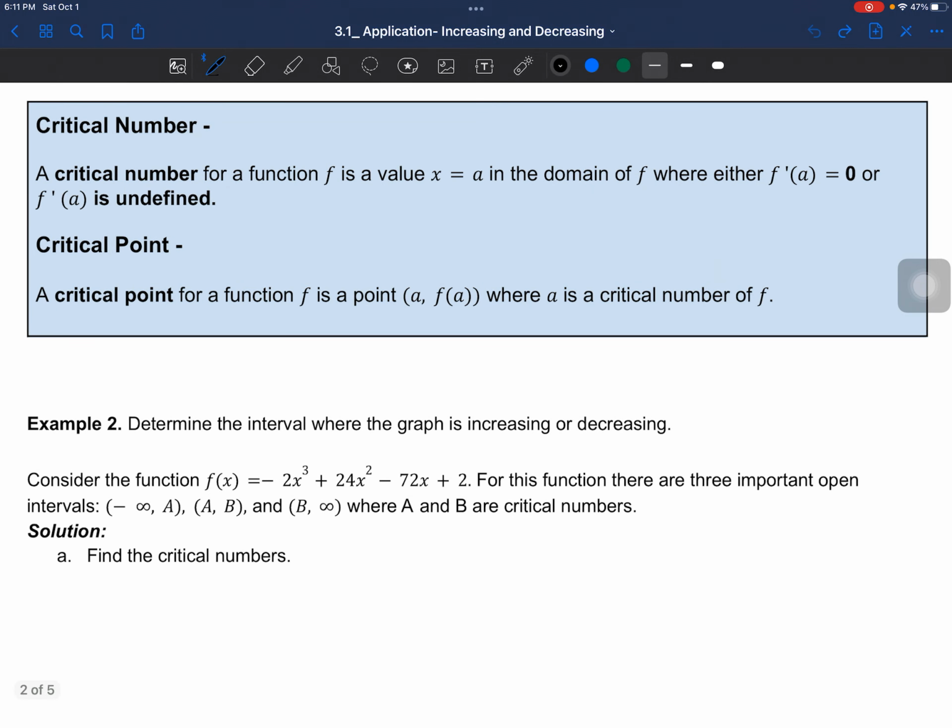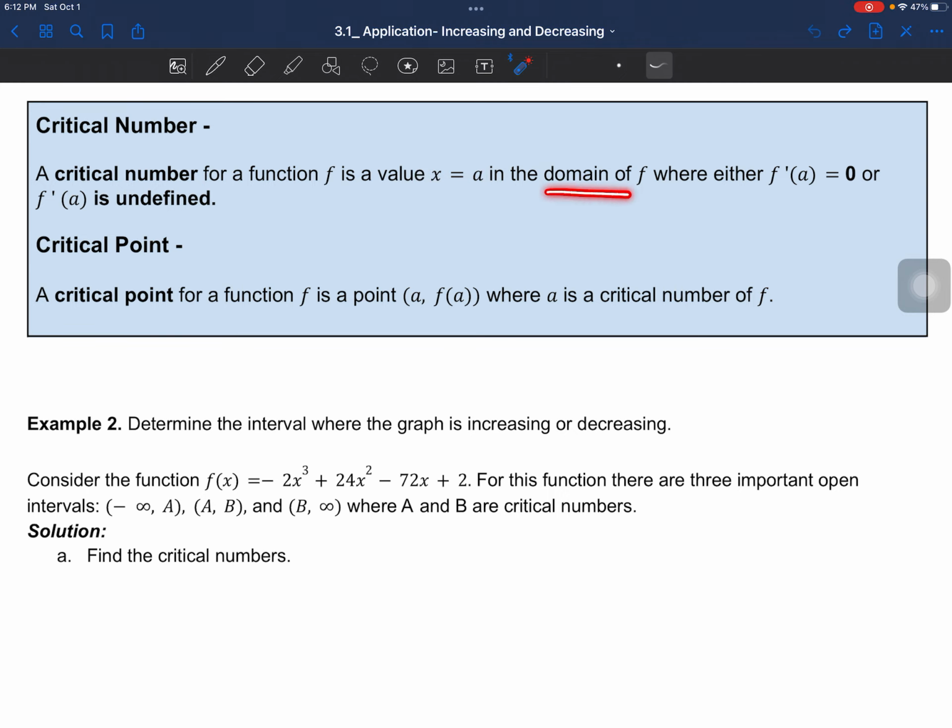In the previous video, we talked about how to find critical numbers. The critical numbers are defined to be the values of x in the domain of f for which the derivative of the function is zero, or where the derivative is undefined.